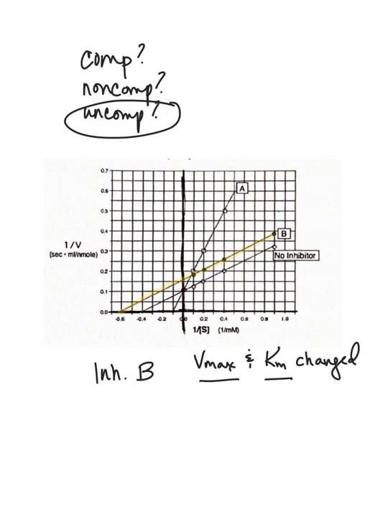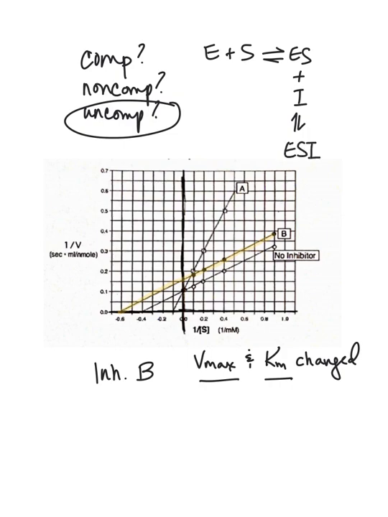So that's something that you would have to remember, that when you have an uncompetitive inhibitor, that means the inhibitor comes in and can bind the ES complex.